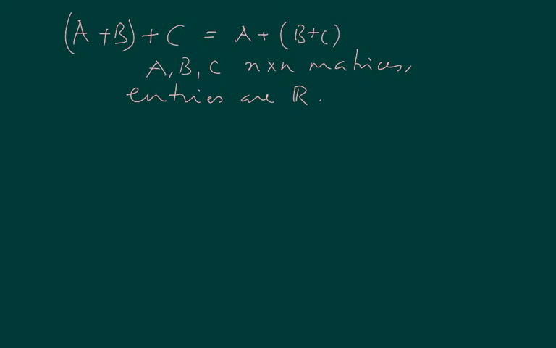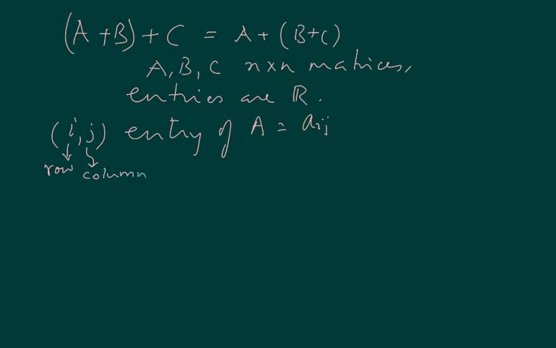Ultimately, we need to go back and look at the associativity of addition in R, and this is how you might do it here. So let's say the ij entry of A is some aij, and again, this is typically how you delineate the row, and this index stands for the column, right?